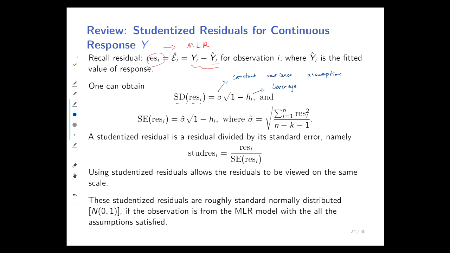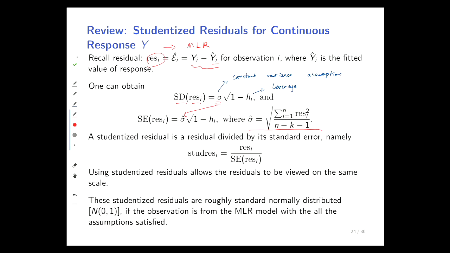And the leverage is used to measure the distance of the explanatory variable values. And if you forget it, please review it. And in order to obtain the standard error, we need to replace sigma, because sigma is unknown, with sigma hat. And sigma hat is the estimation of sigma.